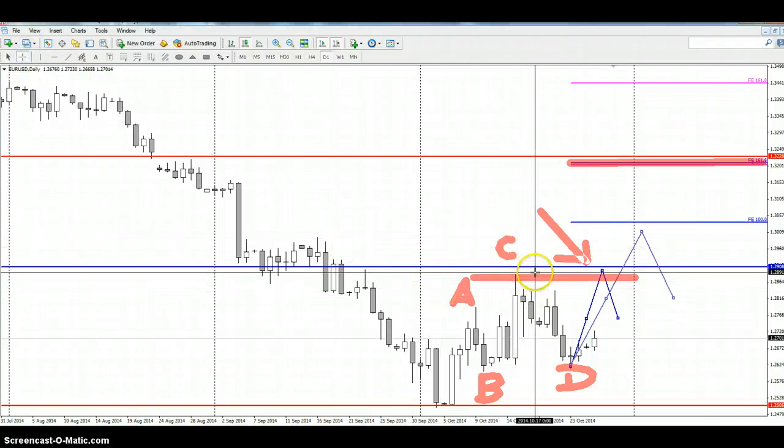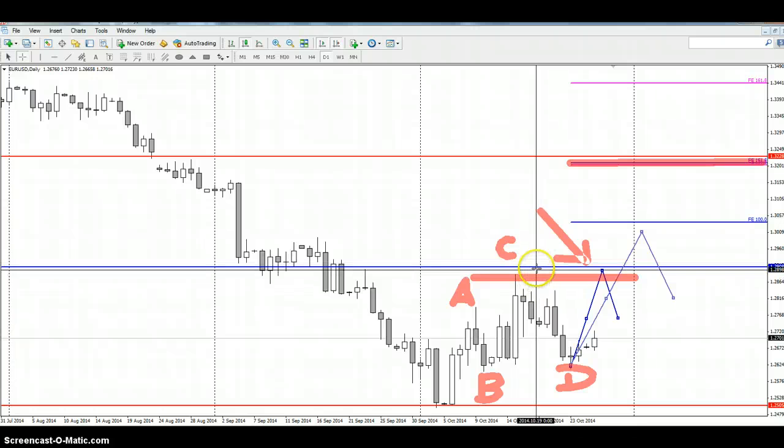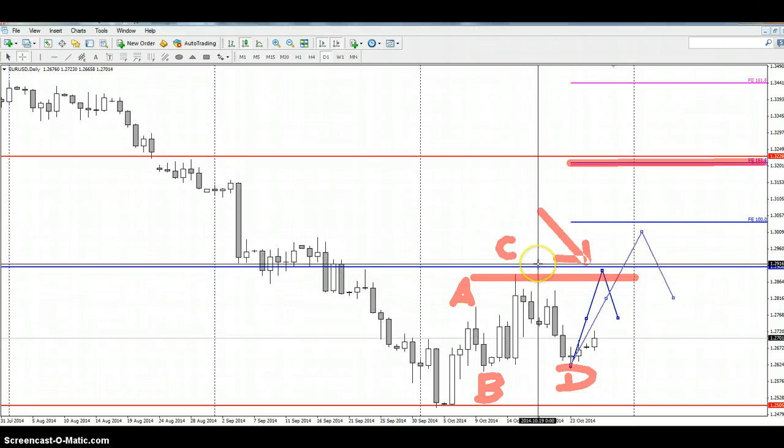Okay, so if we look at it, the level that the price needs to break, well, I can put it a bit higher just to make sure, would be 1.2916. So we may want to take note of that, 1.2916. If it does that, quite possibly it will go to the 50% Fibonacci retracement, which is 300 pip.